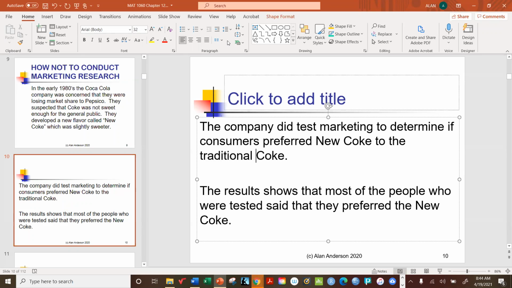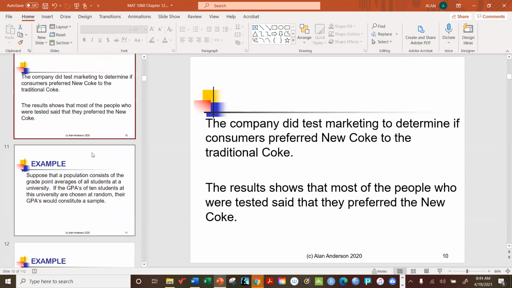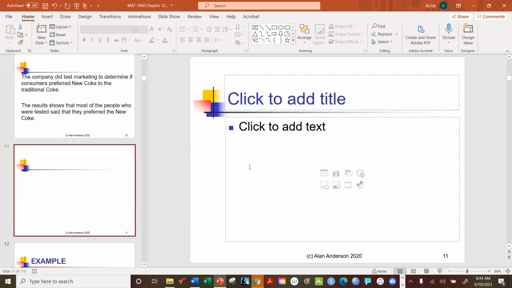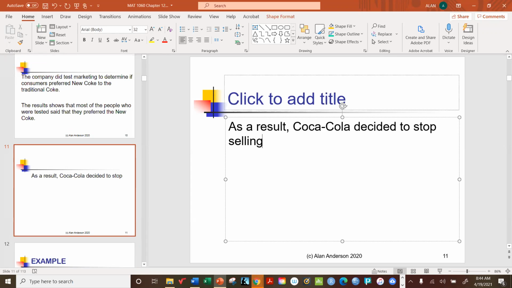So what did they do? Now, this is where it gets strange. As a result, Coca-Cola decided to stop selling the traditional Coke and replace it with New Coke.